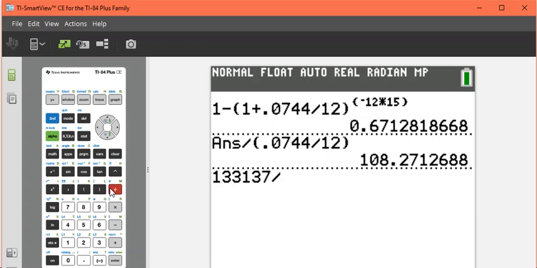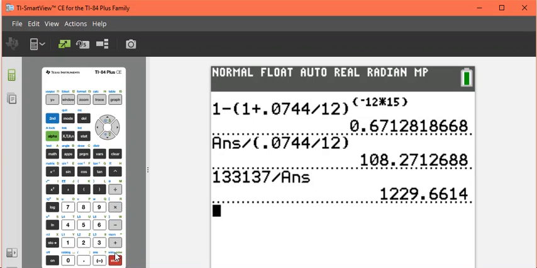Either enter all the digits in or do second negative sign to call up the previous answer. This is going to be the amount that the person can withdraw every single month.